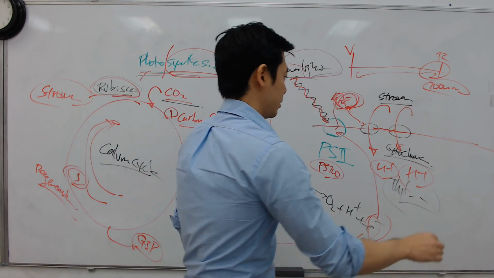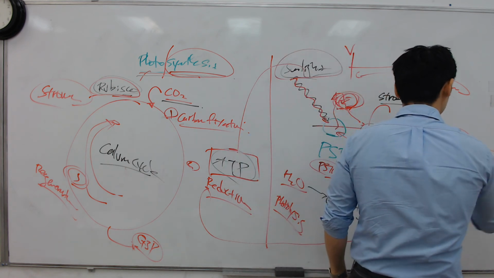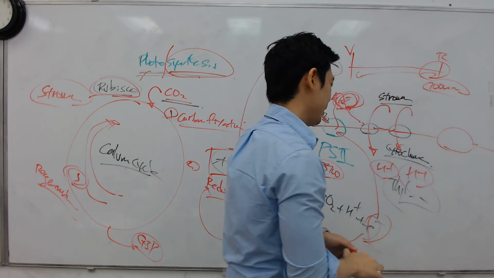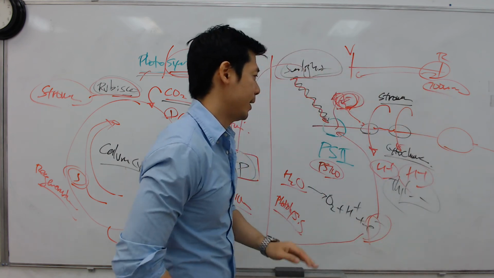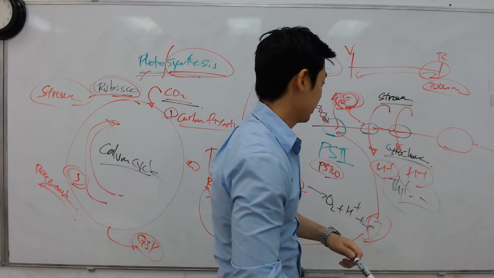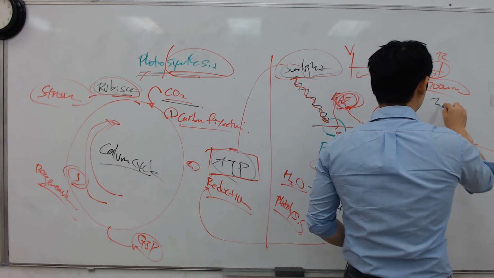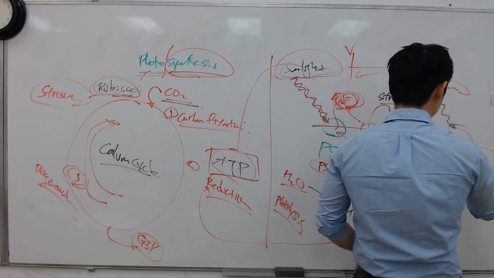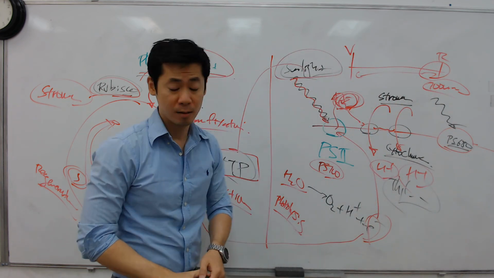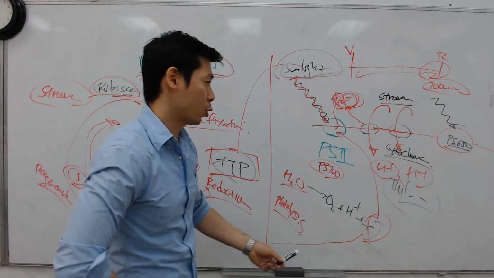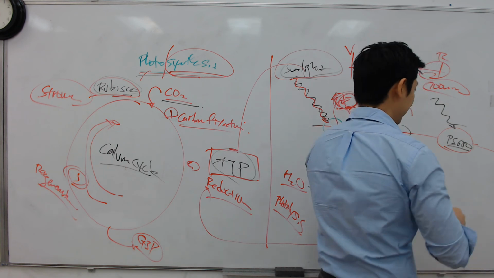So they're pushing H+ into the thylakoid space. Now listen carefully: the sunlight can hit this photosystem 680, which means they can excite the electron here as well.